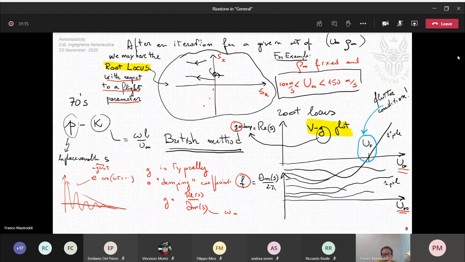And this is the meaning of g. Okay? And so here we have the g plot. So we have the ratio between the real part and the imaginary part. And here I have represented the critical curve with the flutter critical value. So what I expect in future in your report is something like that, representing your V-g plot in your analysis.